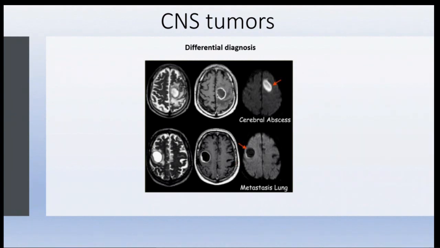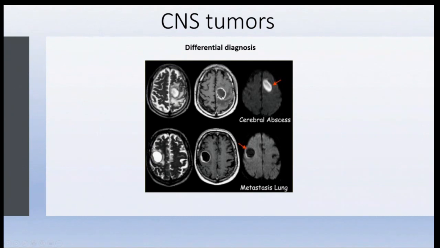Any lesion in the brain can be a tumor, but not every lesion is a tumor. Other possibilities of lesions in the brain is a brain abscess. And if you look at the series on the top, we can see that there's a lesion on the left frontal hemisphere on the T2 with surrounding edema.